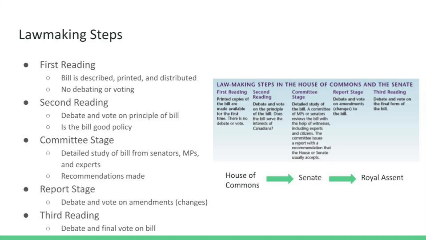If approved, the bill goes to the committee stage where it's examined in detail and changes may be suggested. From there, we have the third reading. It's a final debate and a vote, and if passed, it goes through the same steps in the Senate. Finally, it receives royal assent from the Governor General, and now it becomes law.